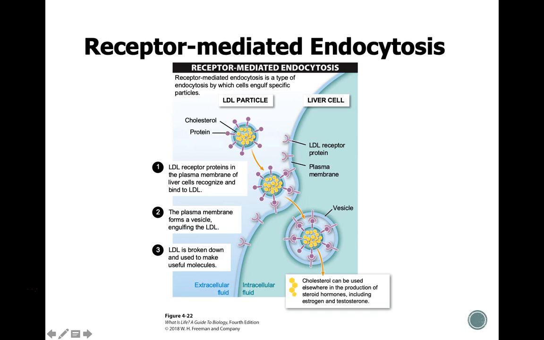So receptor-mediated endocytosis is the process where you use receptor molecules to identify what you want to bring in the cell. So there are a couple different types of proteins. We've got the low-density lipoproteins and the high-density lipoproteins. And remember, cholesterol is really important in regulating fluidity of the plasma membrane.